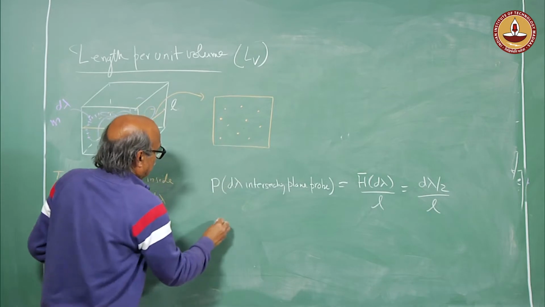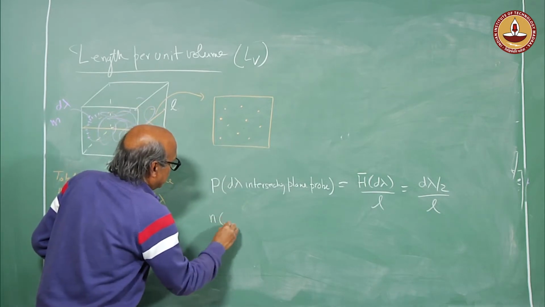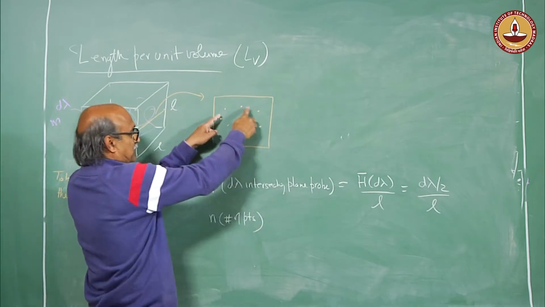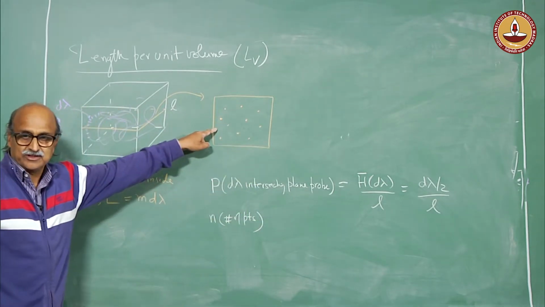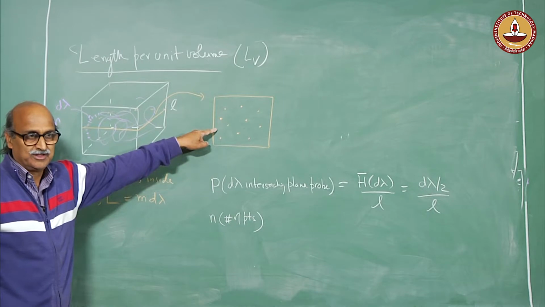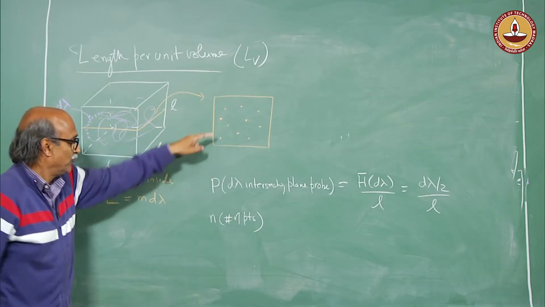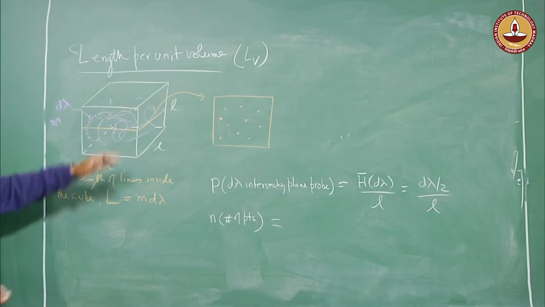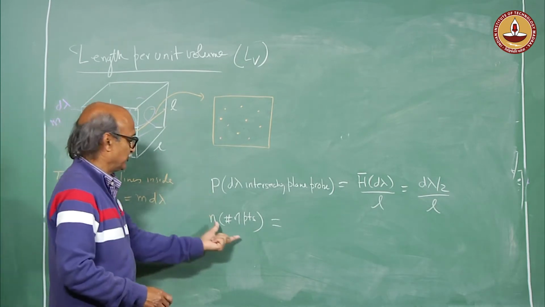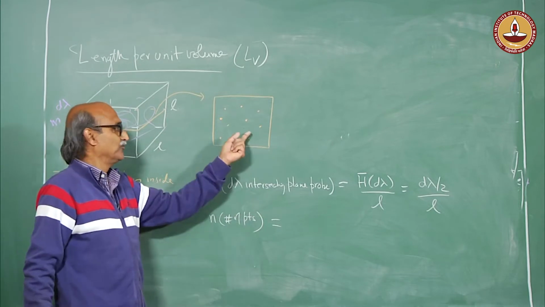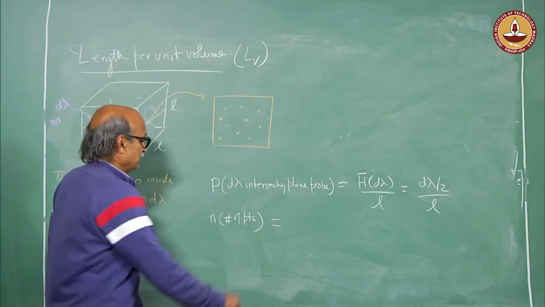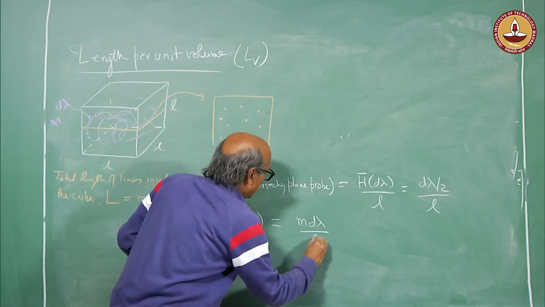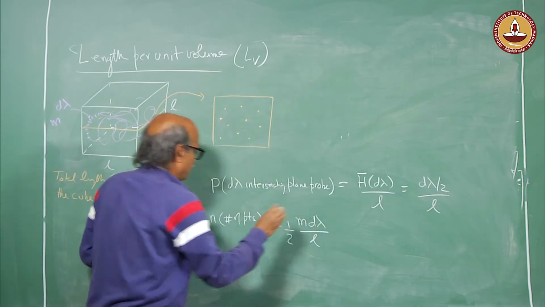Number of points. So, n, the number of points expected in the two dimensional structure, would be, there are a total of m such elements, and hence m times this probability should be the expected value of the number of intersections. So, this would be m d lambda upon L, and there is a factor of half.